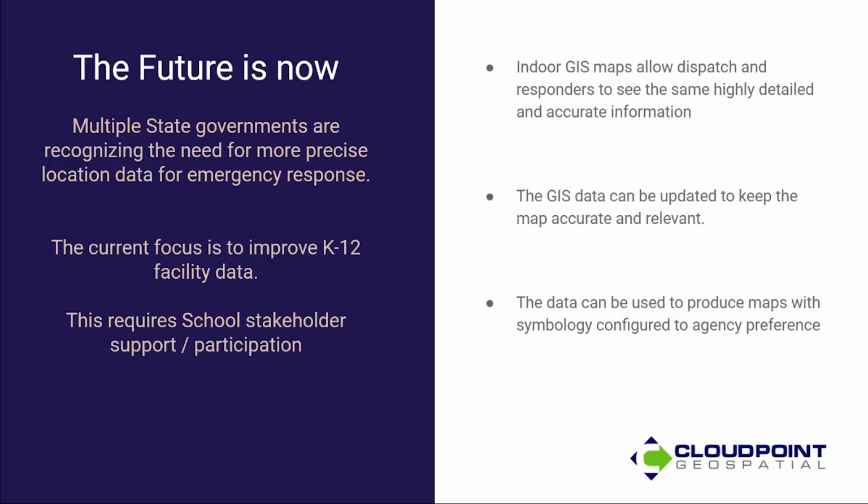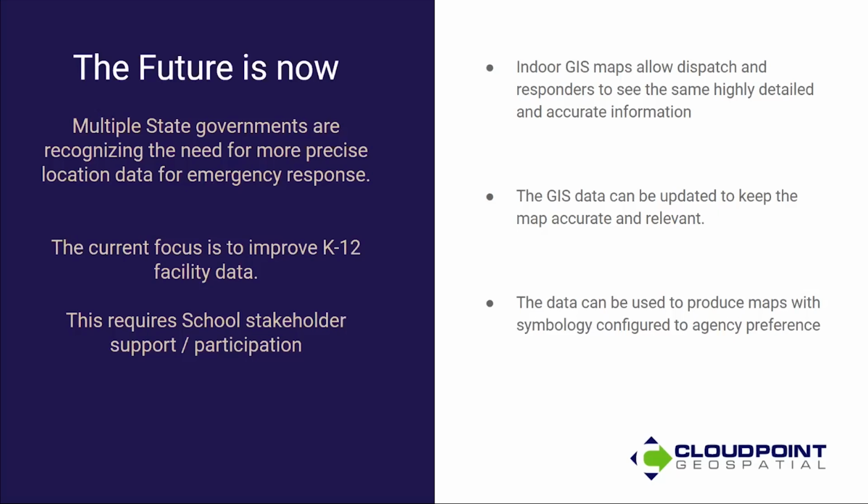The address data, like the GIS data itself, can be updated if it's maintained regularly to keep that map accurate and relevant. So with schools, we all know that schools are in constant change. They change often as far as new facilities, or a room rearrangement, or a wall is taken out or walls put in.